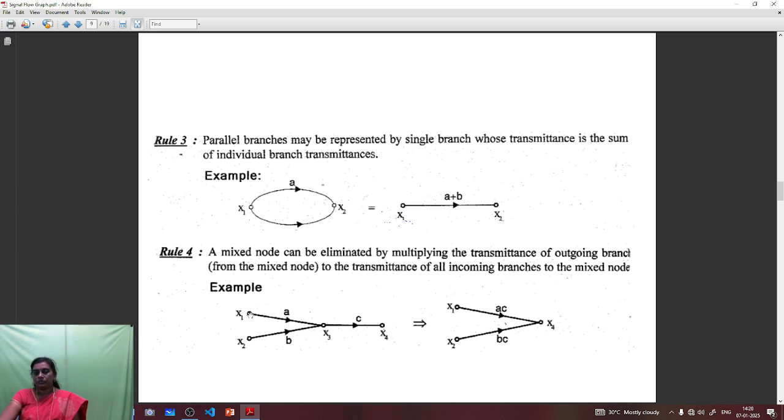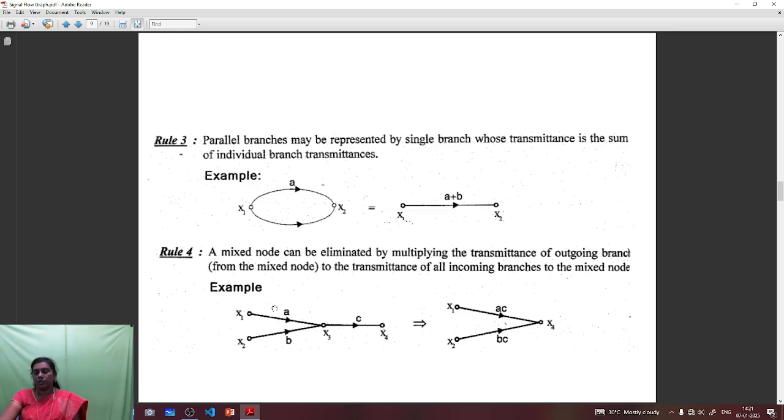See, here there are two inputs x1 and x2 that give an output at x3, and next this x3 is given as input to x4. So this can be combined like this: there are two inputs x1 and x2. We are combining the gain of the first and second branch, so it will become AC.